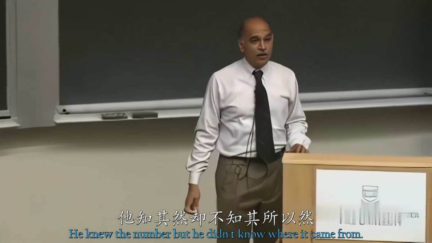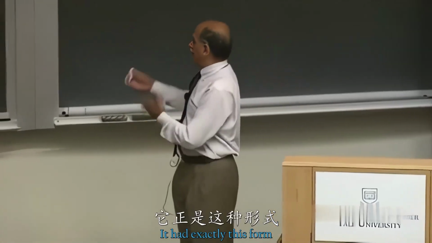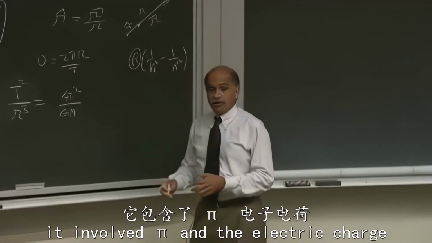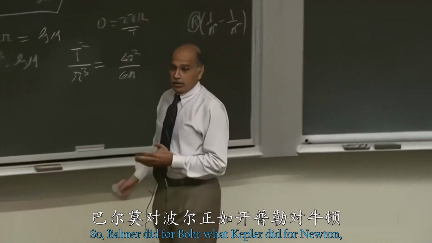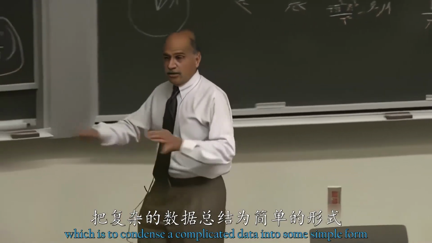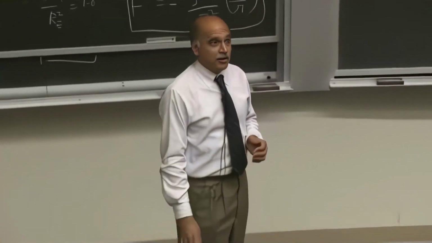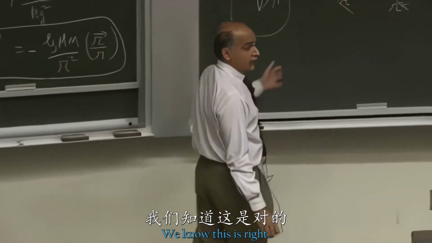He knew the number, but he didn't know where it came from. When Bohr had his final theory of the atom, it had exactly this form, but this was not simply a constant you put in. It involved pi and the electric charge and Planck's constant and everything. So Balmer did for Bohr what Kepler did for Newton, which is to condense complicated data into some simple form so that a theorist can have a go at it. Then once you get the right answer, it's really beautiful how everything fits. So we know this is right.